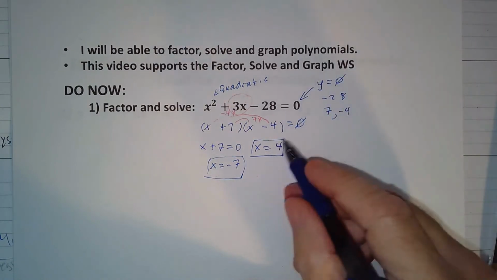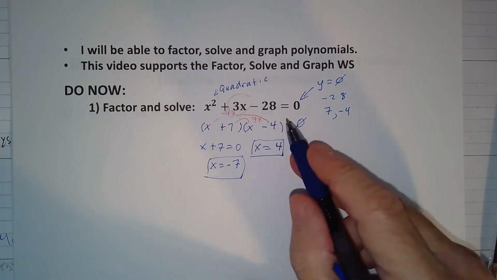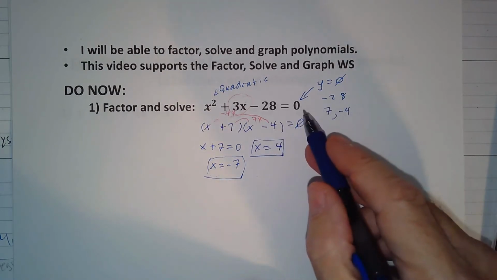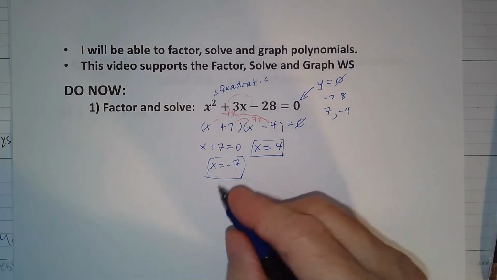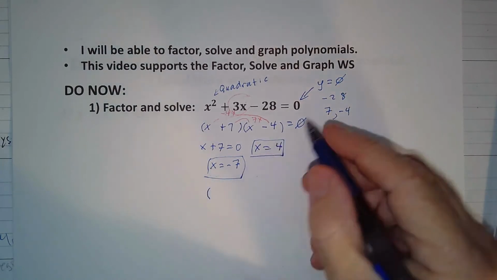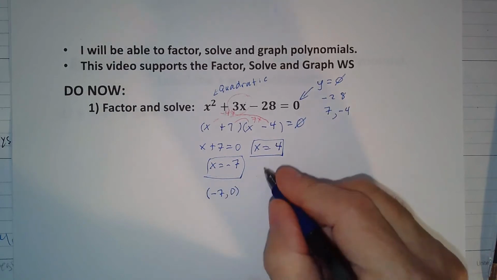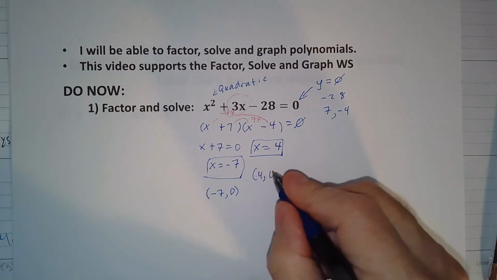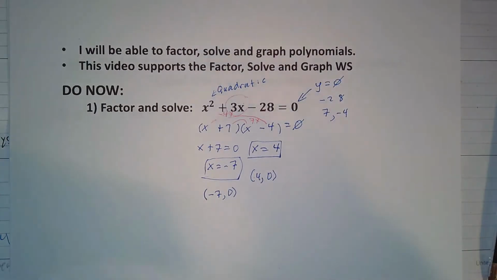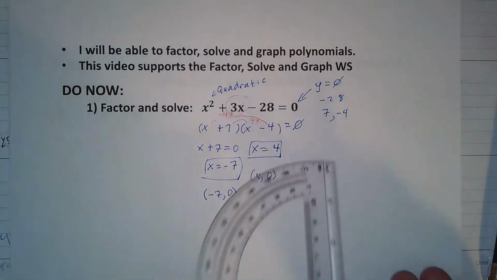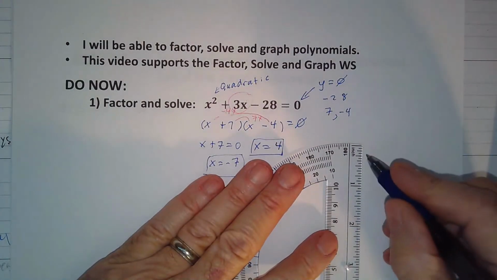This is your y. Because remember, these quadratic equations have x and y coordinates. This is your y. So that means that there is a set of coordinates where x is negative 7, y is 0, and x is 4, y is 0. So we can graph this, and let me see here. I've got a, yes, here it is. So let's just quickly graph this.